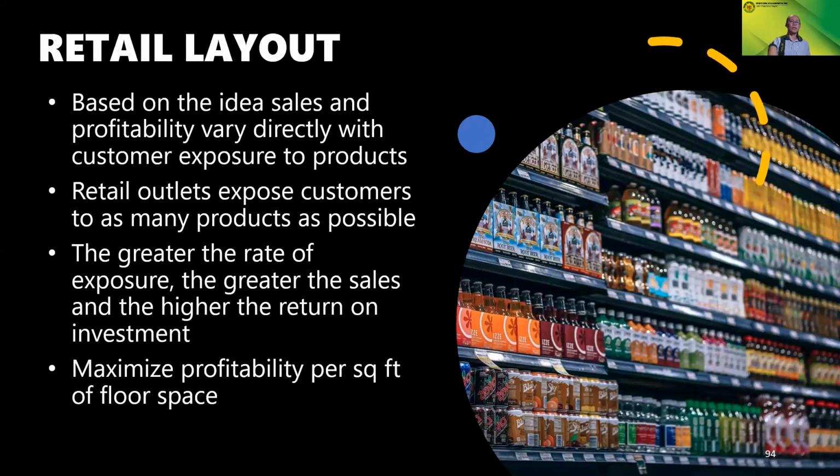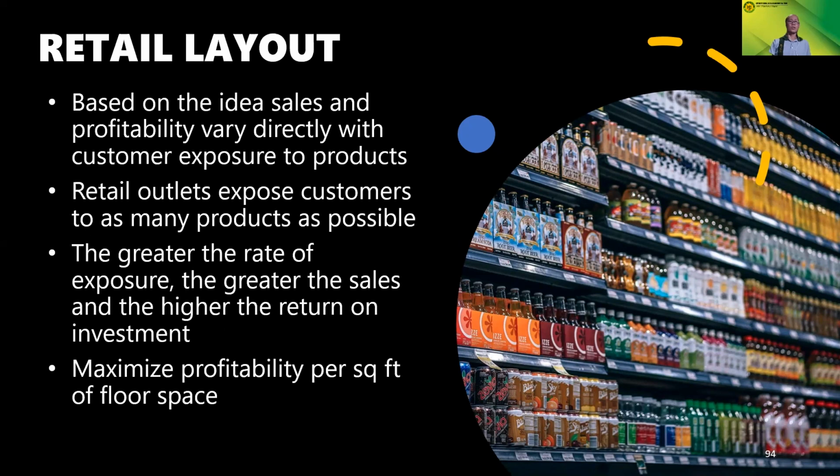Lastly, retail layout. Retail layout is an approach that addresses flow, allocates space, and responds to customer behavior. They are based on the idea that sales and profitability vary directly with customer exposure to products. Thus, most retail operations managers try to expose customers to as many products as possible.